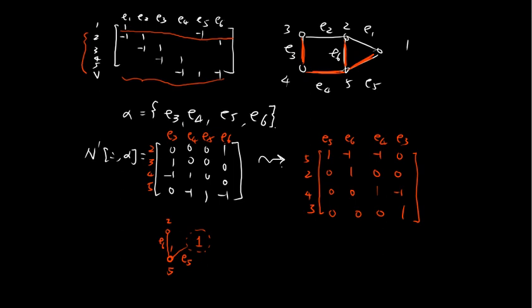So let me draw everything in a different way. The order is how we explore the new vertices. We start with 1, which is the one that is missing, but we use the edge E5 to go to vertex 5.